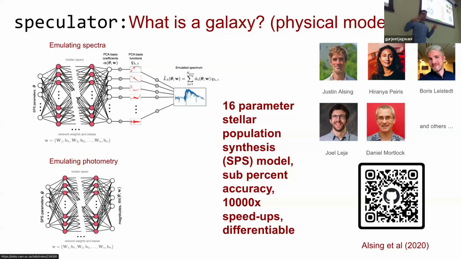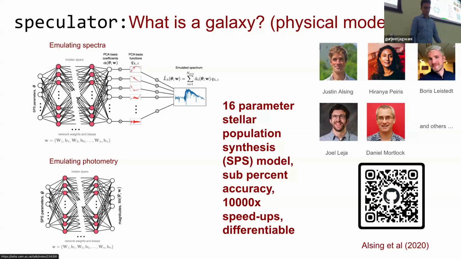These are all the parameters that we're interested in. And then with those parameters, we emulate a spectrum or photometry. So we train a neural network to show, looking at these different parameters, what kind of spectrum we should observe, or what kind of fluxes we should observe.